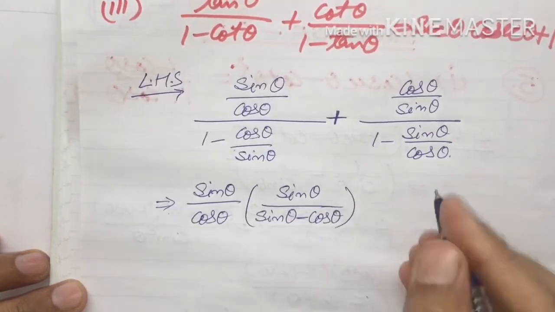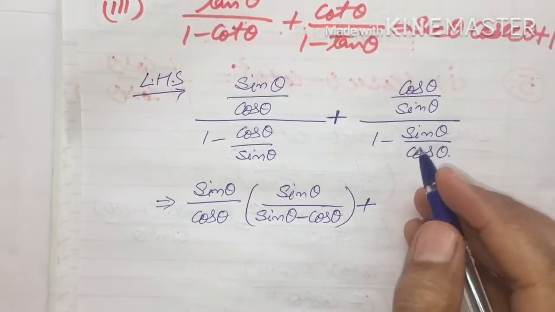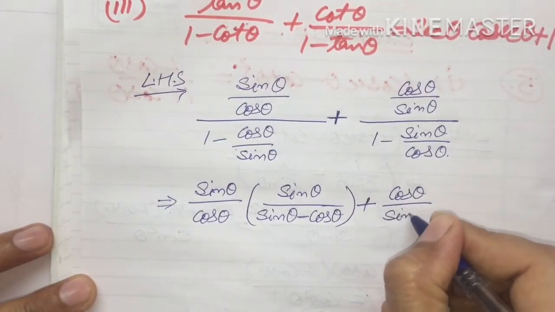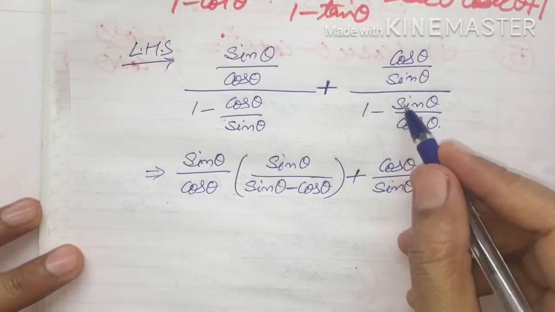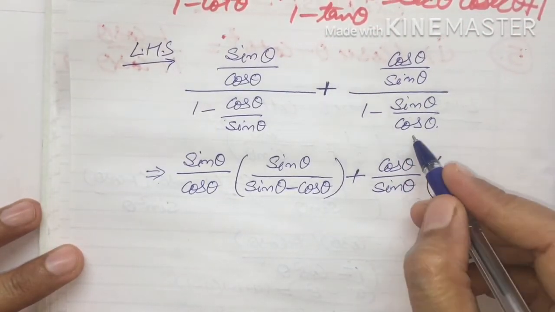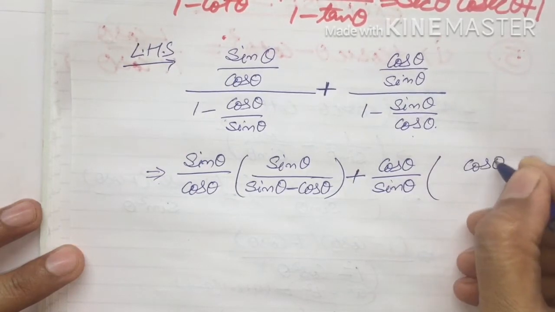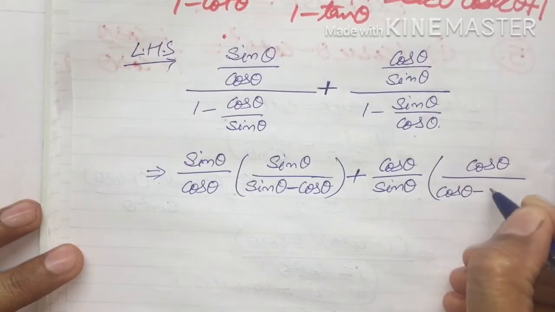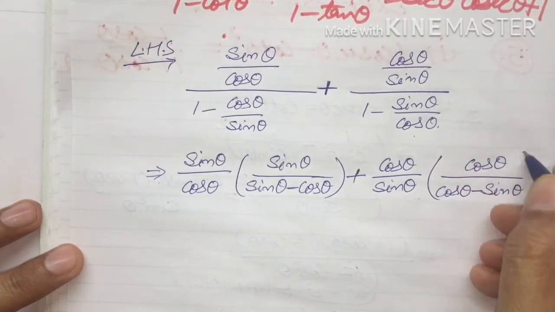and the same with the second term, cos theta upon sine theta from the numerator, and denominator part will go up, reciprocal, this cos will go up, cos theta, and down is cos theta minus sine theta.